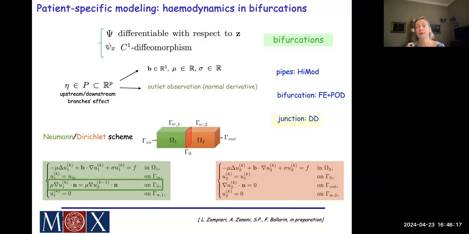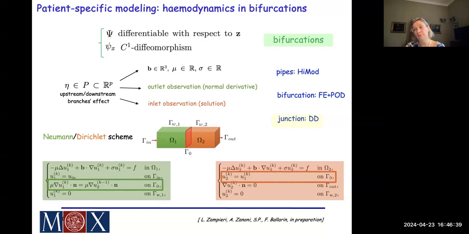Then we have added an outlet observation that replaces essentially the presence of the downstream branches. And this means to include in the parameter the normal derivative of the solution evaluated at the nodes of the outlet boundary.